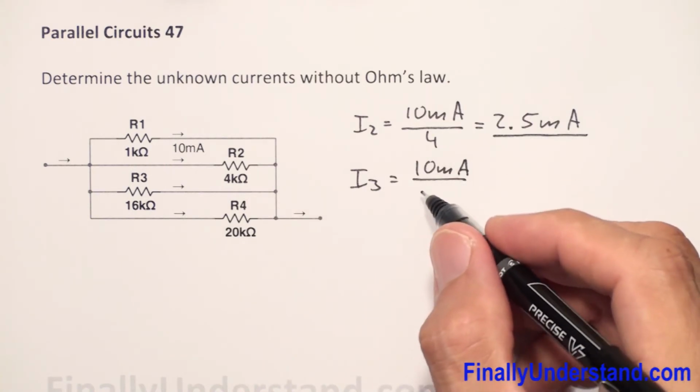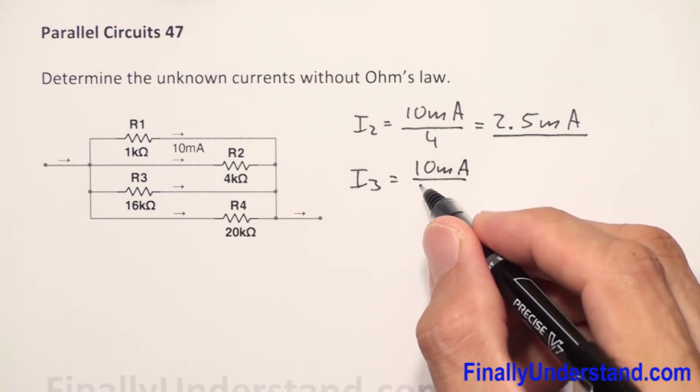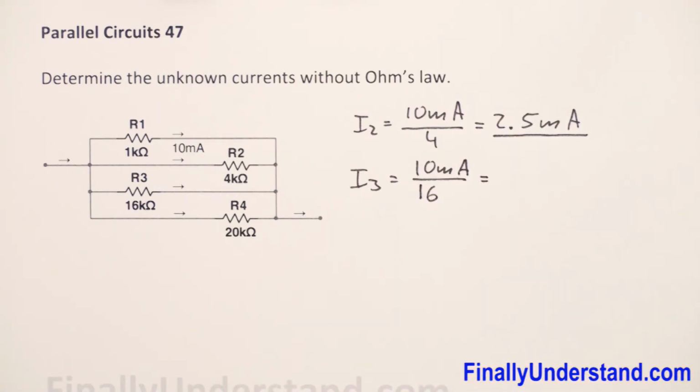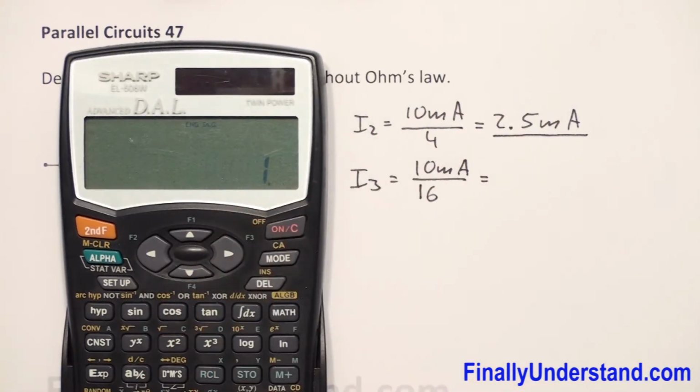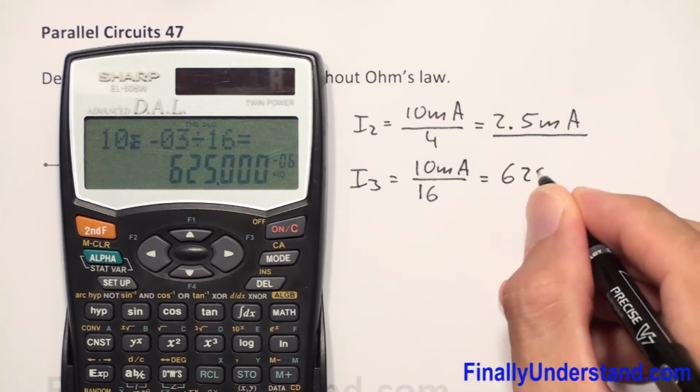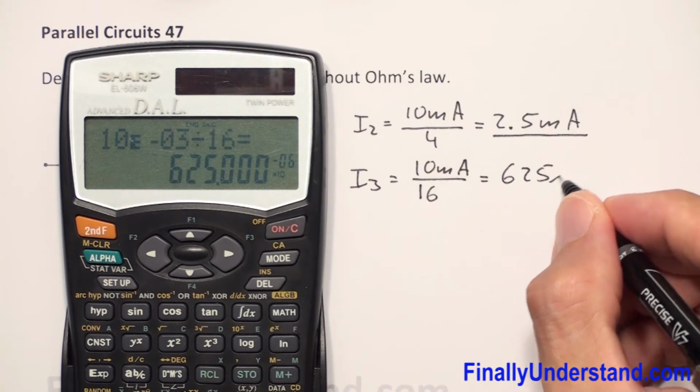So I'm going to divide this by 16. Okay, so this is equal to 10 exponent negative 3 divided by 16, which is equal to 625 microamps.